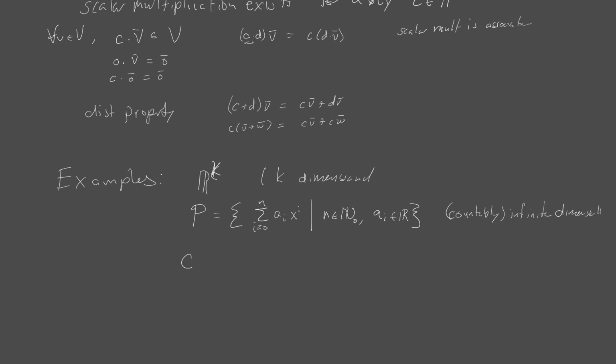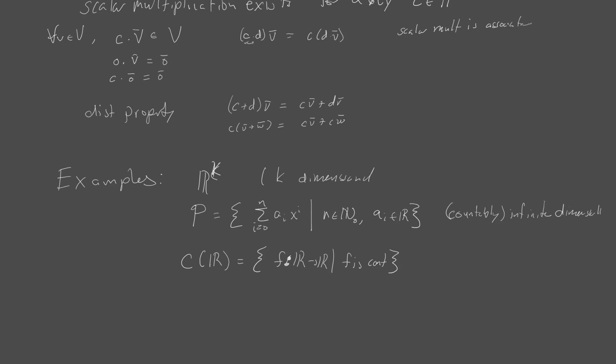And if I take the continuous functions on the reals, this is the set of f mapping the reals to the reals, such that f is continuous. We've learned in this class that if I add two continuous functions together, I get another continuous function.